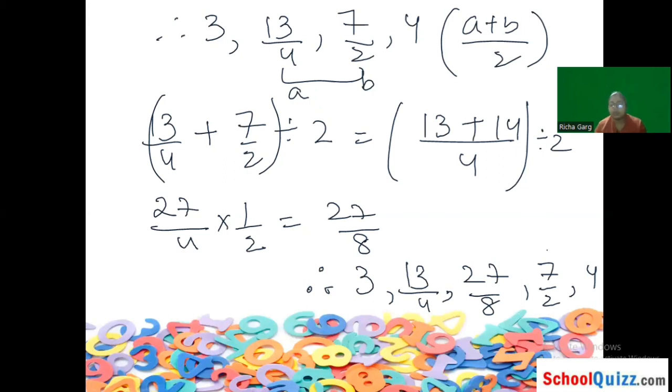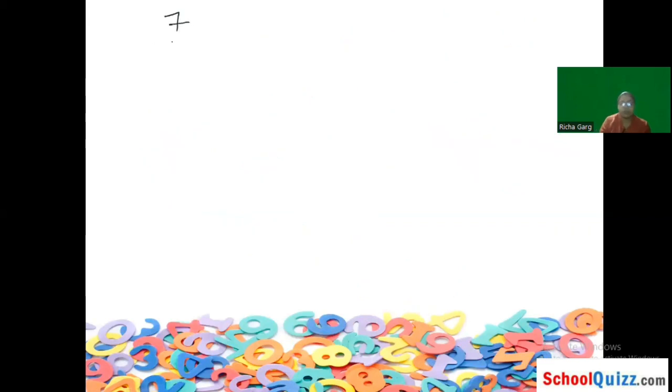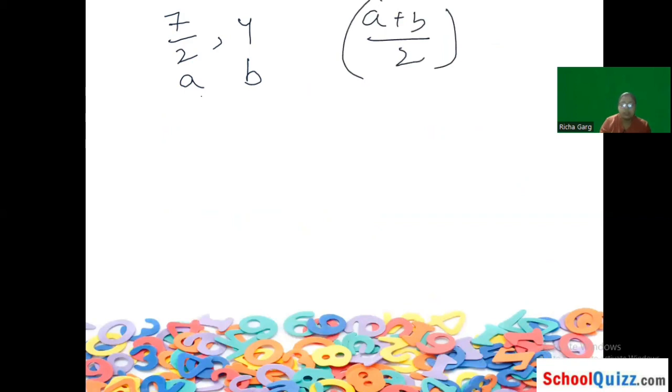Now you can take any two pair. I am taking the last one, 7 by 2 and 4, because I think the calculation will be easy. Okay, so A and B. I have got 3 numbers for now. So let's start. A plus B upon 2 again. We should write formulas every time we solve a question because it gives us an extra edge.